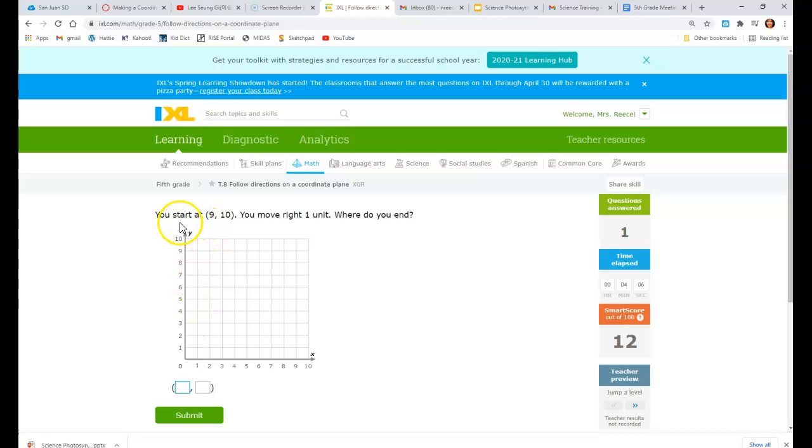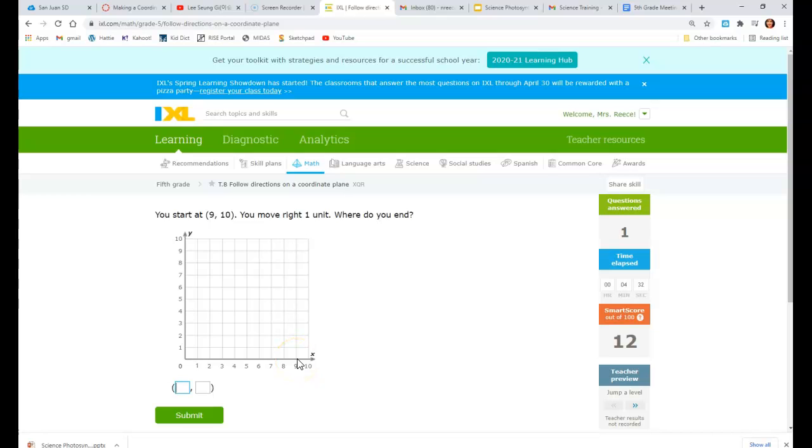Okay, here's the next problem. It says you start at 9, 10. You move right 1 unit. Where do you end? Okay, so looking at my ordered pair, it says I have to start on 9. My x-coordinate is 9. So looking across the x-axis to 9. There's my 9.